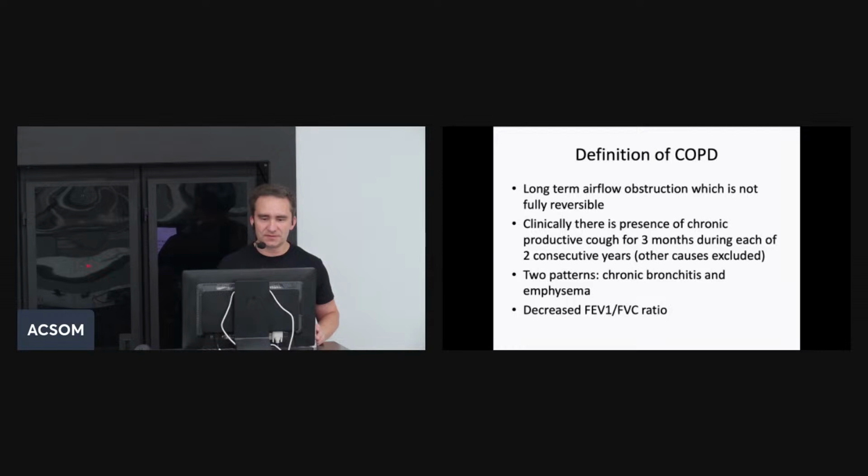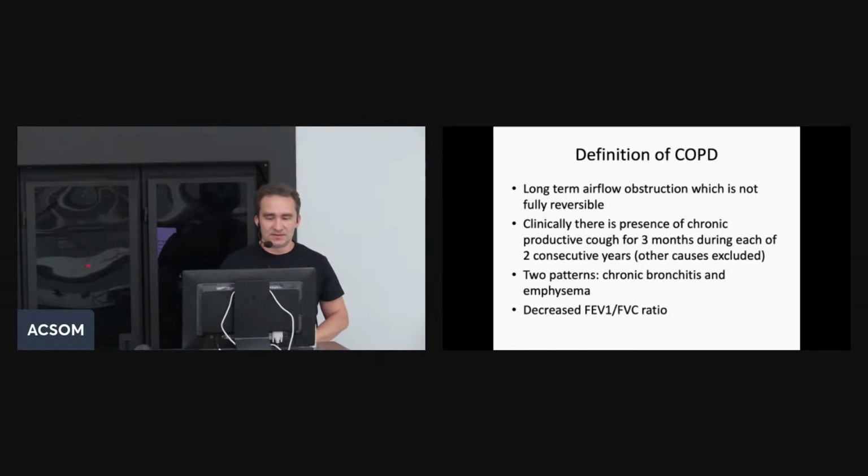So COPD, right? We talked about the definitions yesterday. It's a long-term airflow obstruction, which is not fully reversible. It's partially reversible. That's why patients are still going to use albuterol or muscarinic blockers.